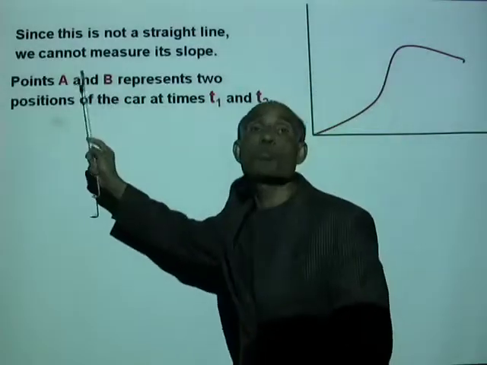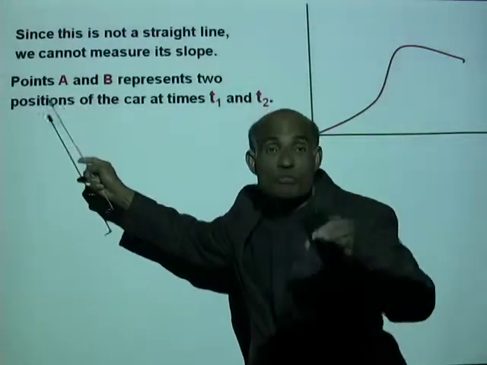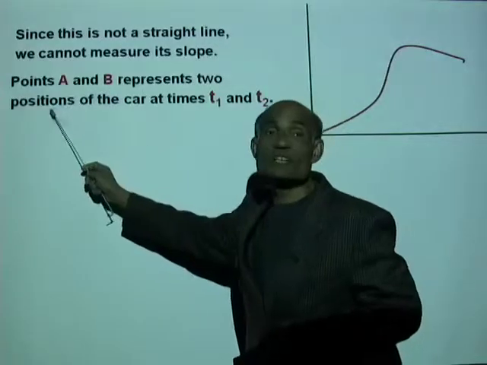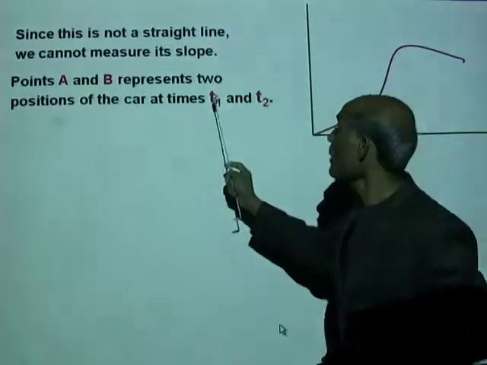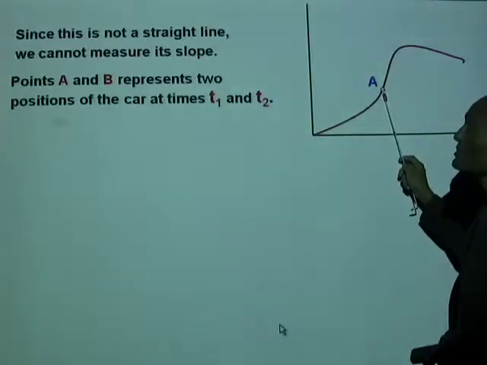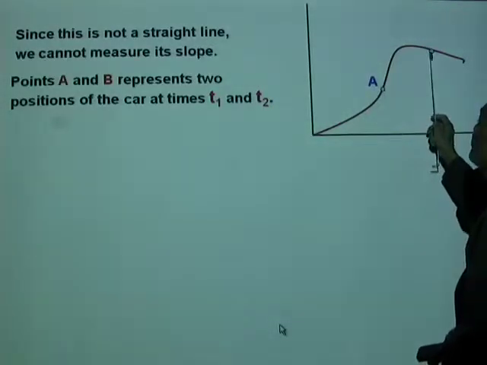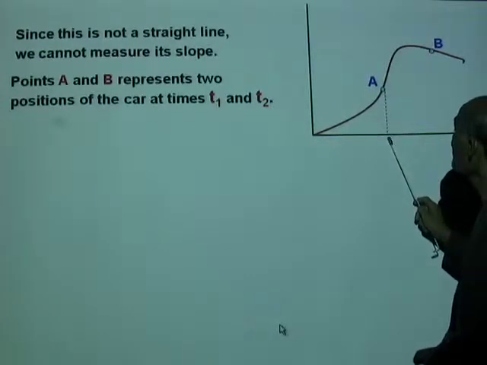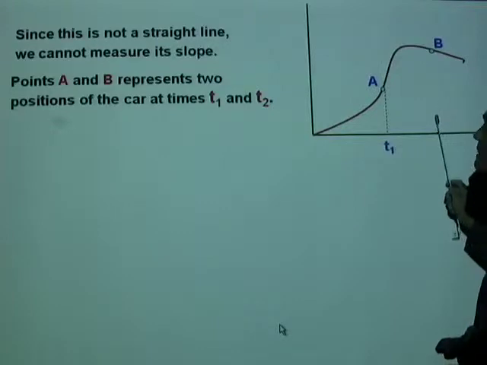So let's take 2 points, 2 positions of the car. So points A and B represent 2 positions of the car at times t1 and t2. This is position A and this is position B. And position A corresponds to time t1.